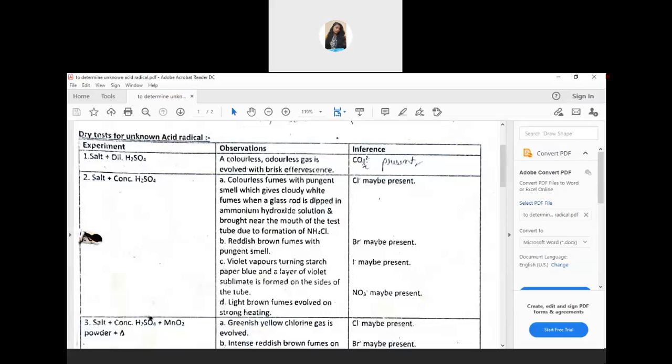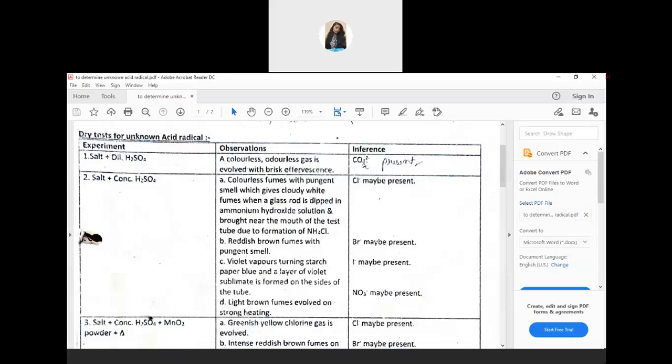If you take a starch paper while the violet vapor is coming out and put it on the test tube, it will turn blue. If you see this observation, iodide is present.